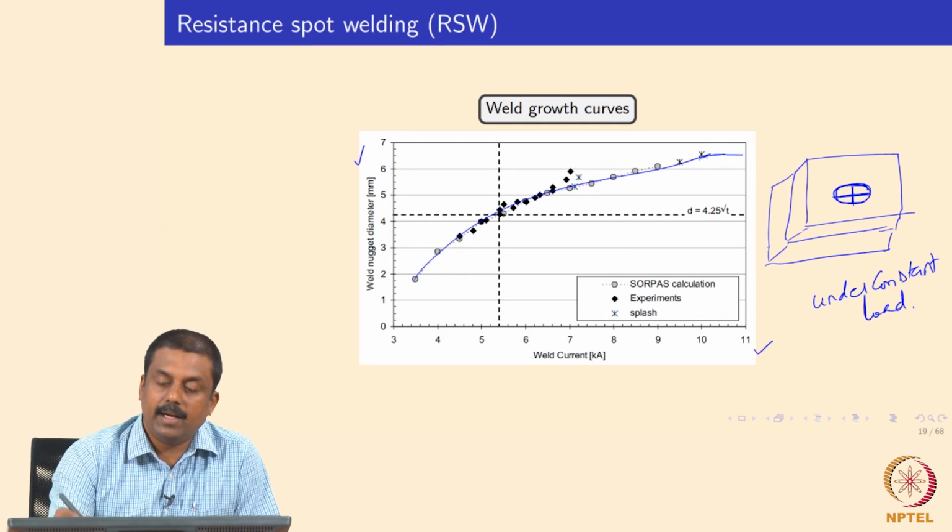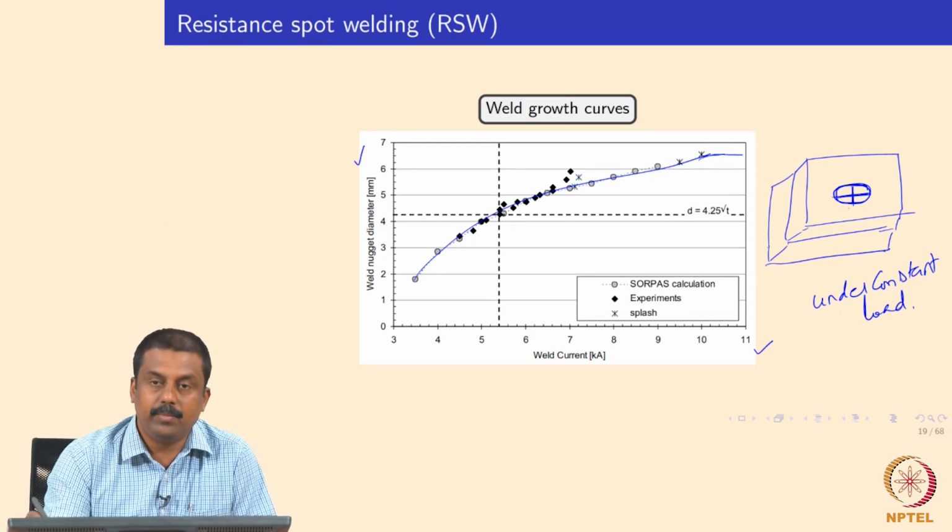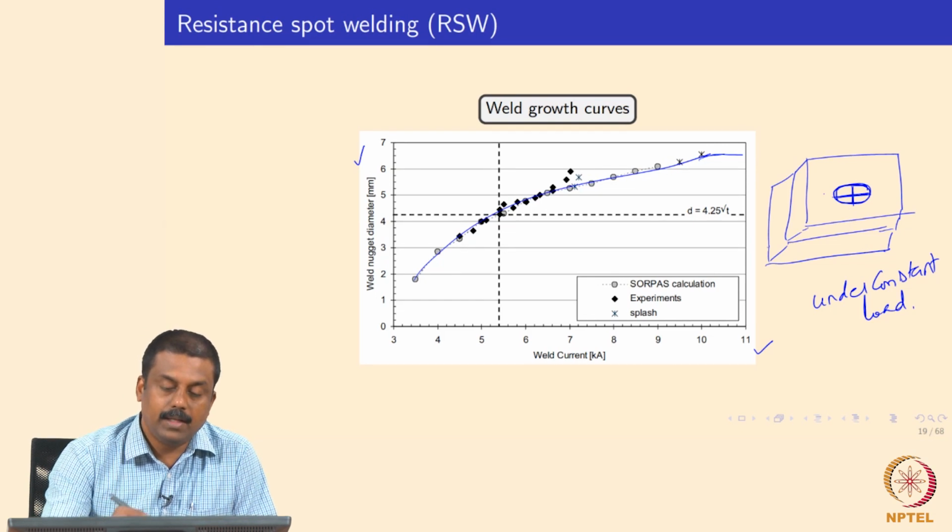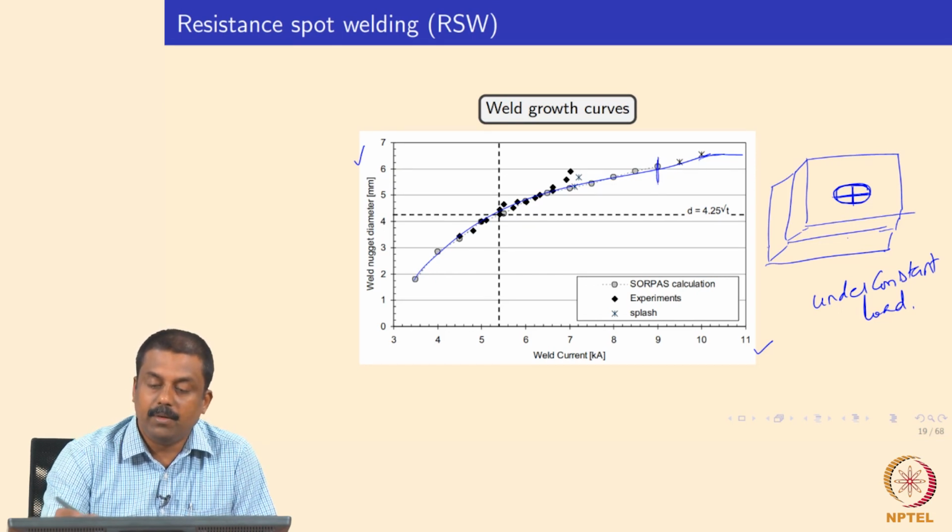What happens when you increase the current is that obviously you also melt more volume at the interface, and due to that you increase the diameter of the weld nugget, generally exponentially up to a certain diameter. If it goes beyond that, because of the application of load, you would end up expelling the liquid metal that is formed between the interfaces.